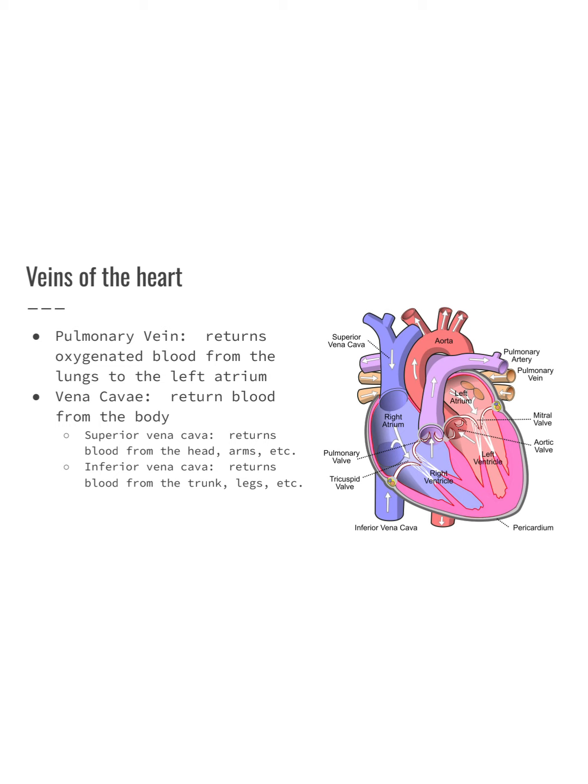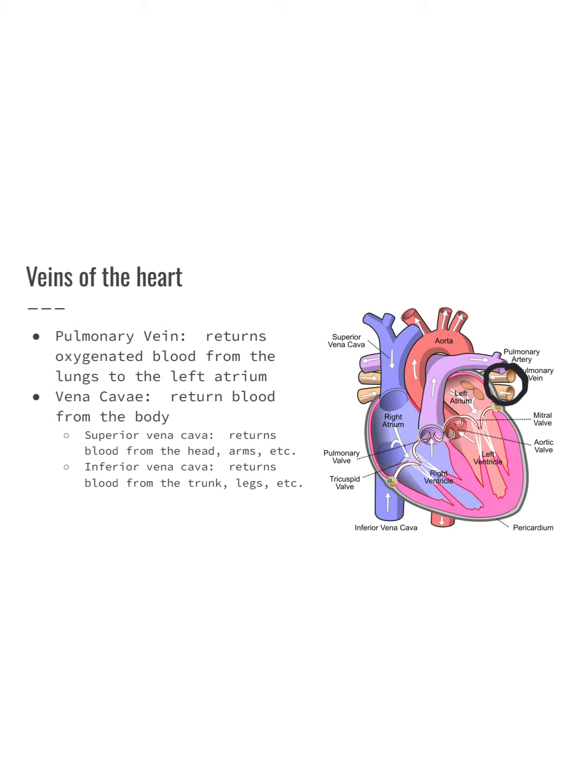All right. The next thing we can talk about is veins in the heart. So we've got the pulmonary vein, which returns oxygenated blood from the lungs to the left atrium. So the pulmonary vein is right here, right? That is oxygenated blood going into the left atrium.